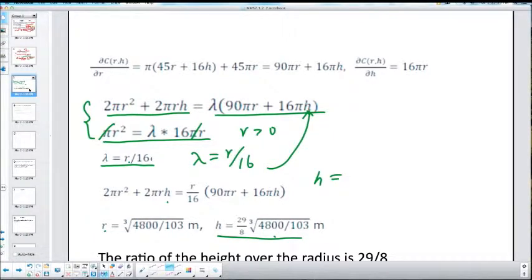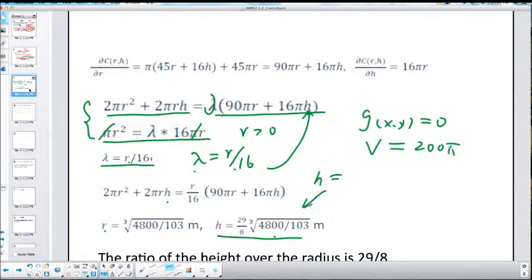So step 1, you get lambda equals 16 over r. In step 2, you get h in terms of r because you already know lambda. And step 3, plug both lambda and h into the third equation, the constraint g(x, y) equals 0, the volume equal to 200 pi.